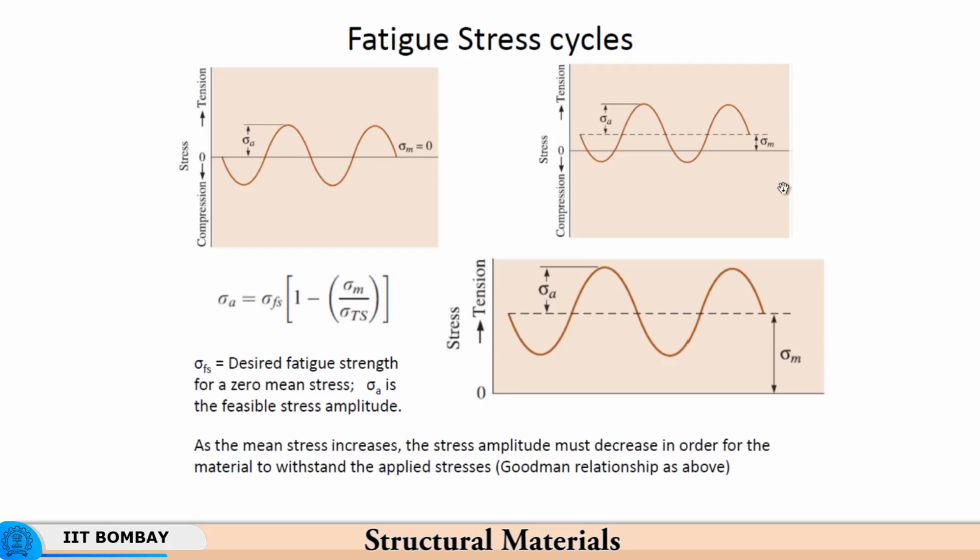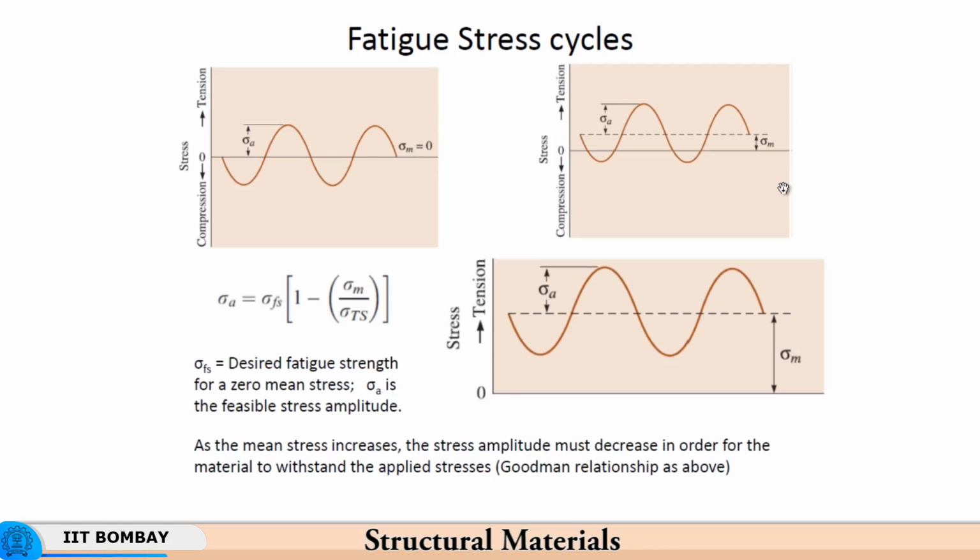So, the sigma amplitude becomes sigma Ts, tensile strength, minus sigma m. So, if this is tensile strength and this is the sigma mean, this is the stress amplitude you can possibly have, right.